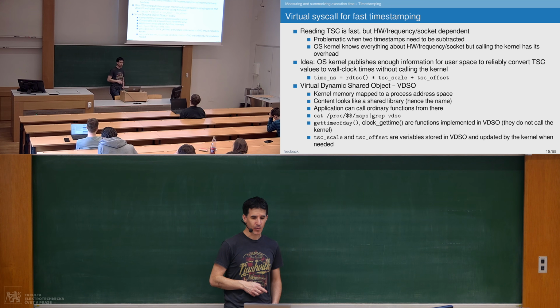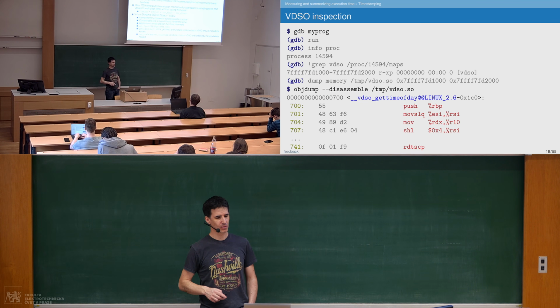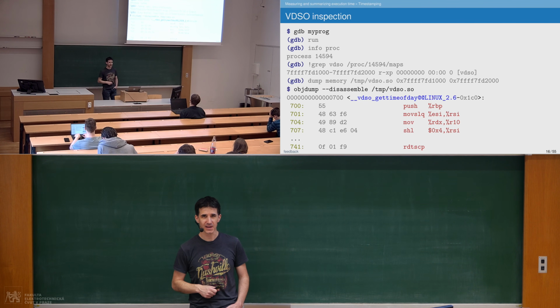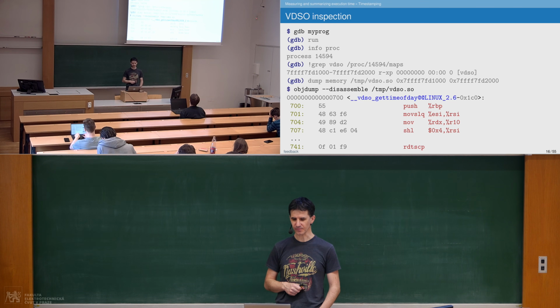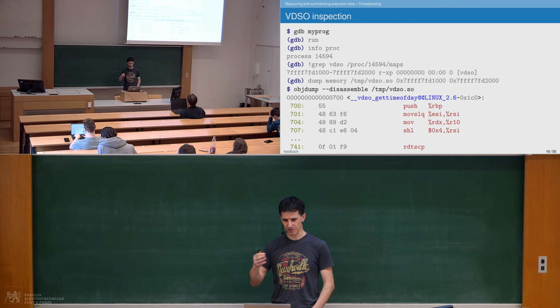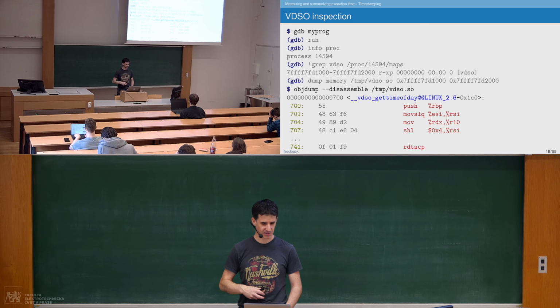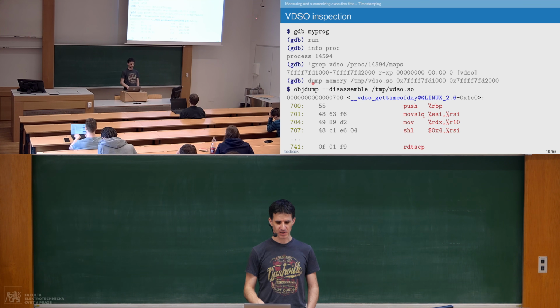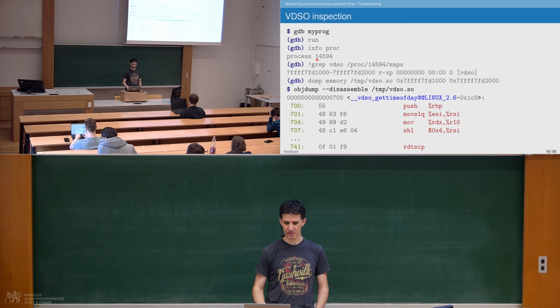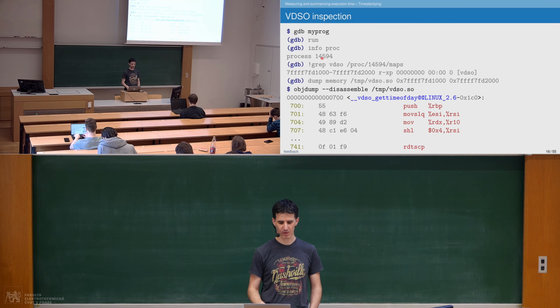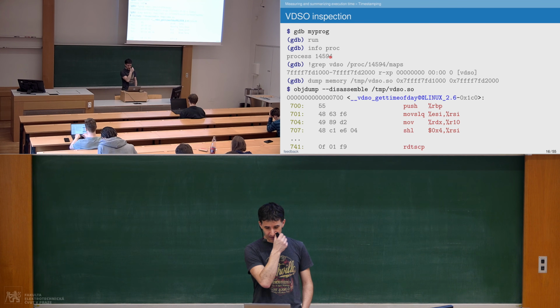If you are interested in how it actually works, you can very easily verify it yourself and you can see the code there. For example, you can run your program in a debugger and see what is the process number of your running program.